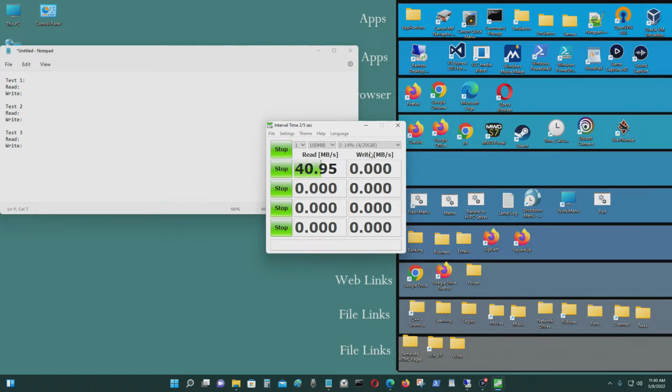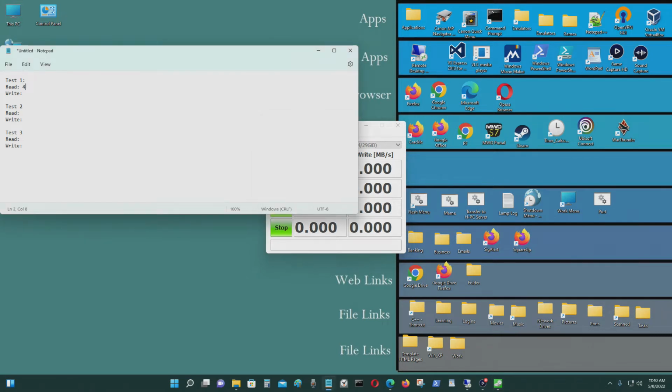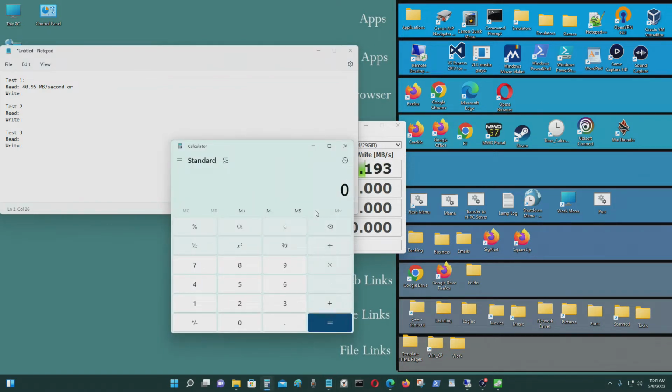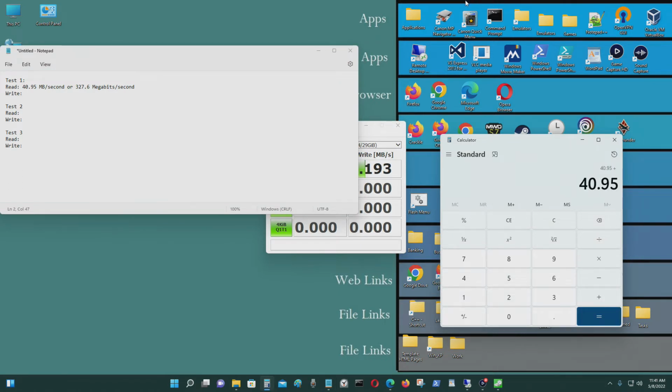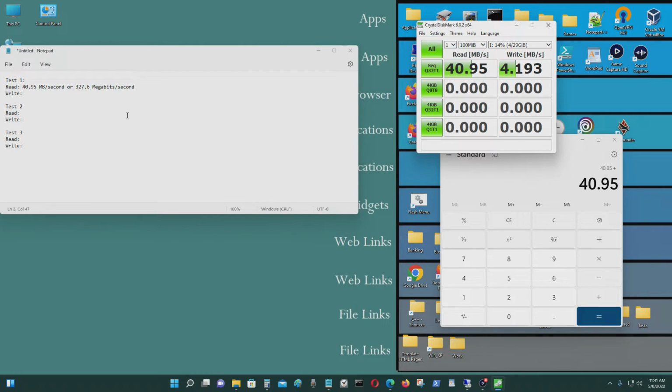Okay, I got about 40.95 megabytes for the first test. And I got about 4.193 megabytes per second.